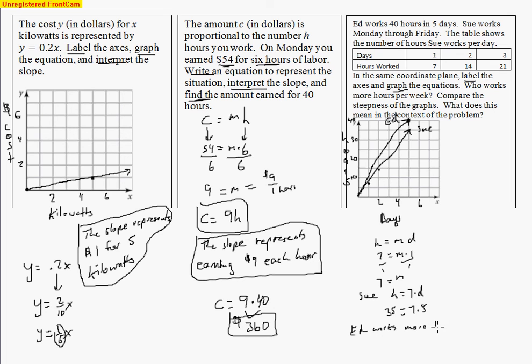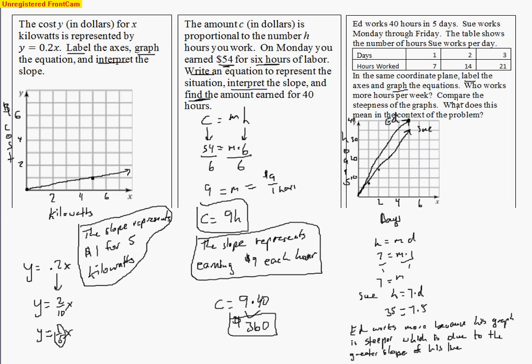Ed works more because his graph is steeper, which is due to the greater slope of his line.